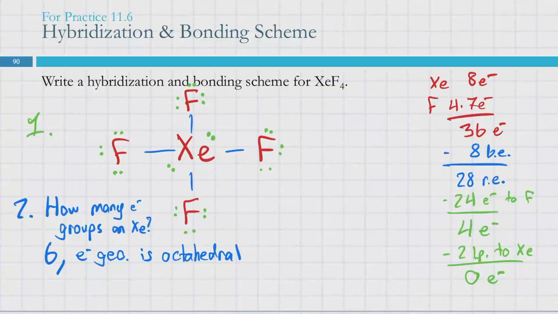To get the octahedral shape with hybridization, we would need to have 6 hybrid orbitals.